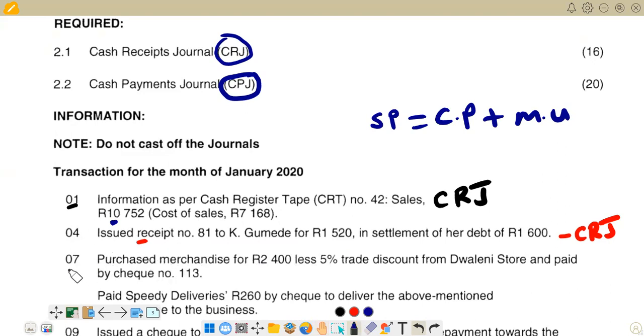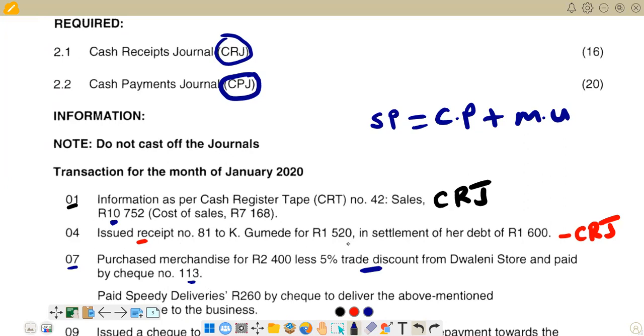The date is 07. The document is the document that you are given there. It's 113. And then this is a purchase of merchandise for 2,400 less a 5% discount. So we have to take note of that.